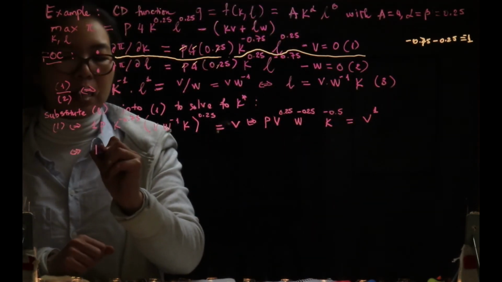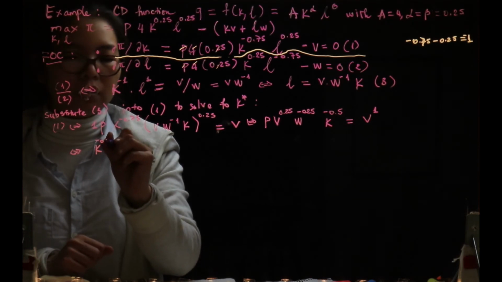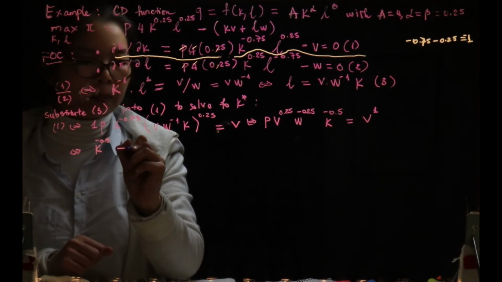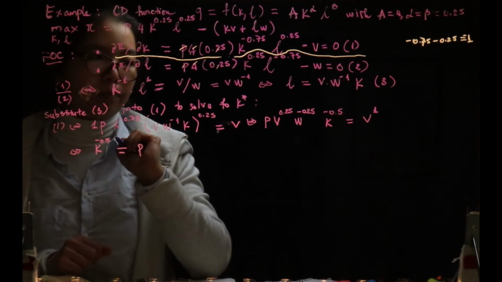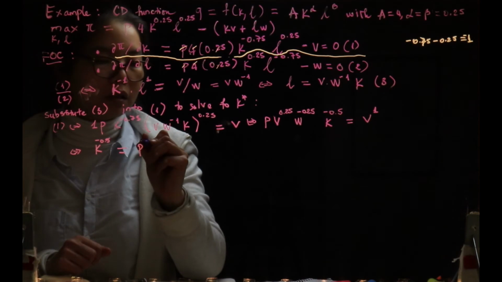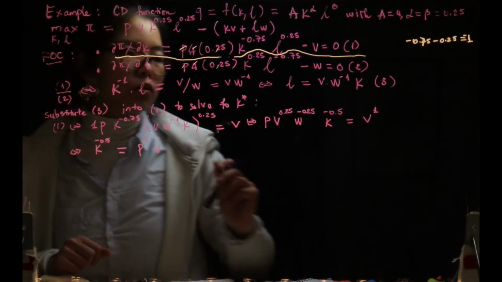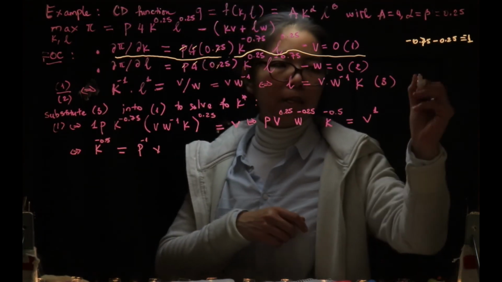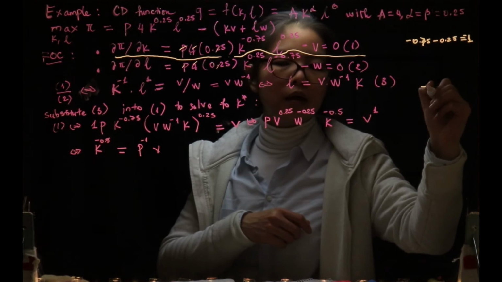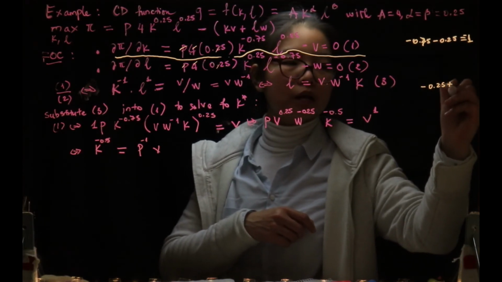We have K minus 0.5 stay there, but everything else gone. So P to the other side is P minus 1. Now V to the other side becomes minus 0.25 plus 1.